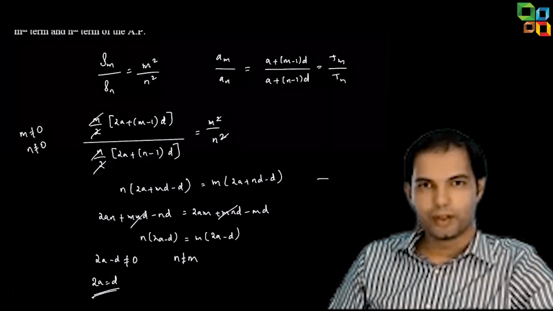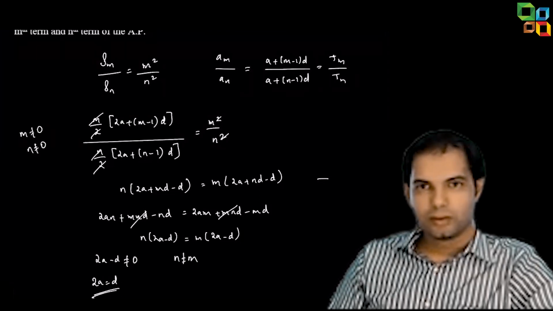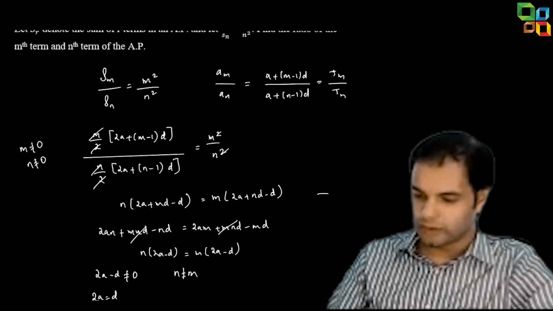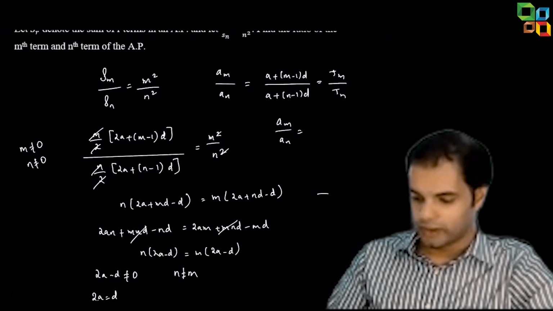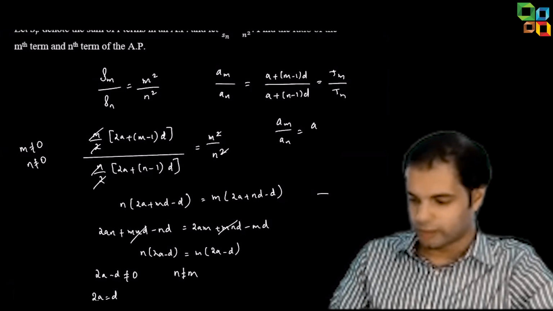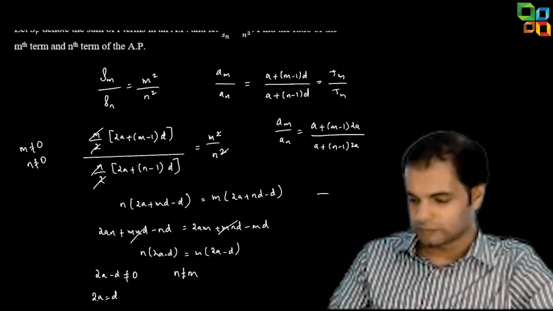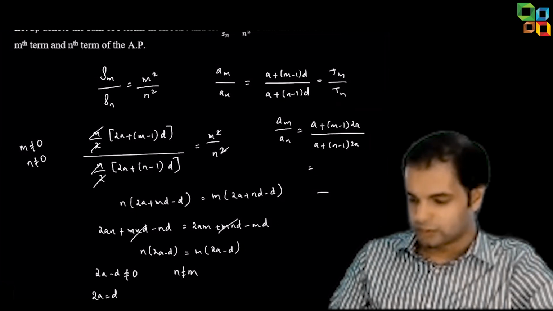Are you able to follow? Right? If 2a is equal to d, now you substitute here. You can substitute for d if you like. a plus m minus 1 into 2a divided by a plus n minus 1 into 2a. What is that equal to?